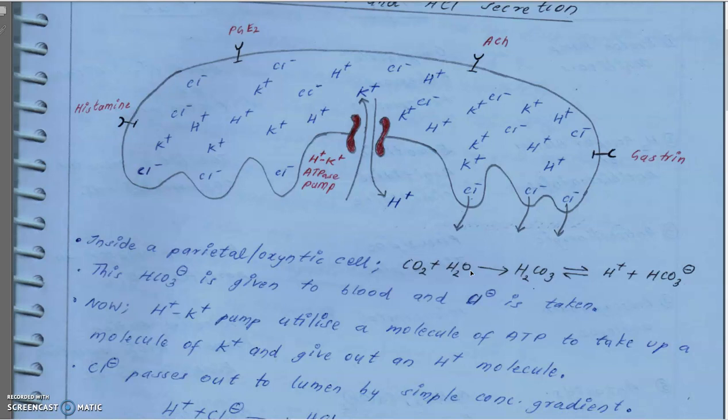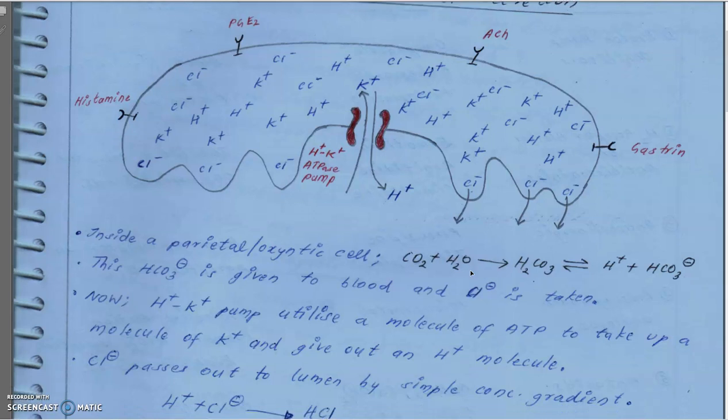And the next thing, now the H plus K plus pump utilizes a molecule of ATP to work, and it takes a molecule of K plus from the lumen and puts it inside, and gives out a molecule of H plus.